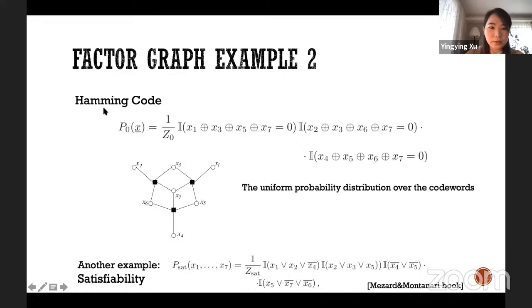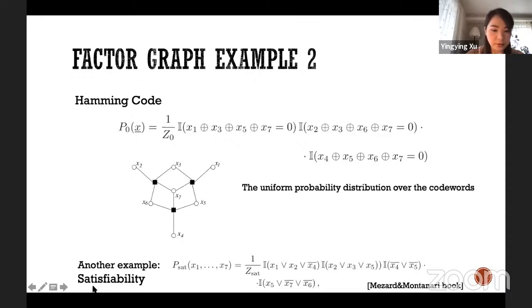Another example is Hamming code. When there's a uniform probability distribution over the code words, this is the distribution of the code words. This is an example with 7 variable nodes. So there are 3 parity check conditions represented by the 3 black dots on the graph.